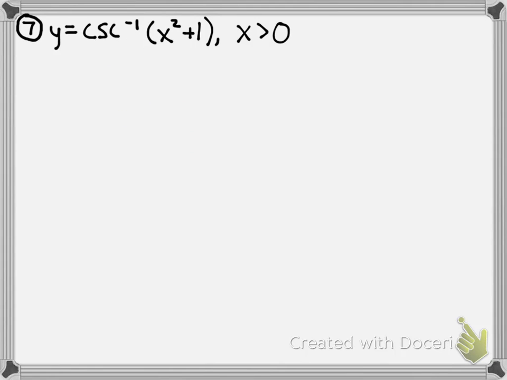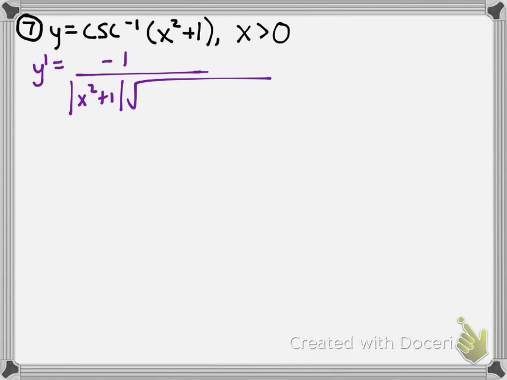Number 7, x is greater than 0. Okay, well, y prime, using the formula, is negative 1 divided by the absolute value of x squared plus 1. Now, I'm going to write it as absolute value of x squared plus 1, but in the end, we really don't need those, because x squared plus 1 can never be equal to 0, and it can never be less than 0, so we don't need the absolute value bars.